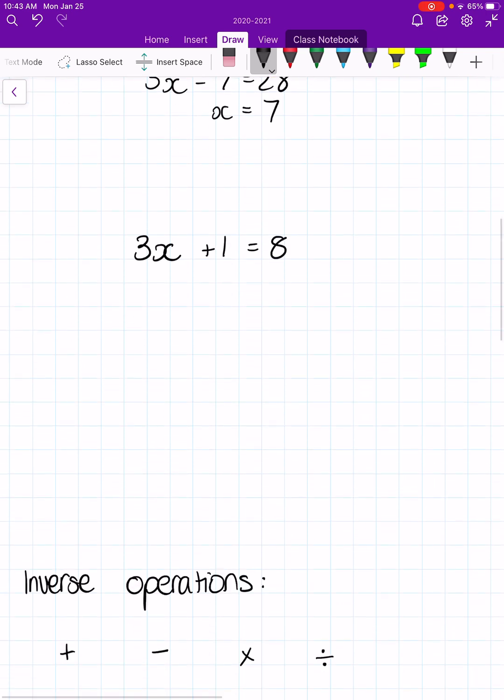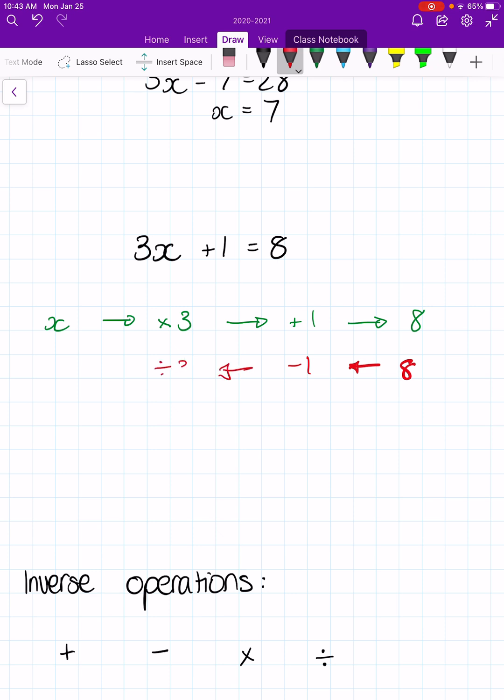Okay, one more time. Here we've got a number, x. We times it by 3 first of all. We add 1. And we get 8. So reversing that, we start with 8, we take away 1, we divide by 3, and we get the number that we started with.